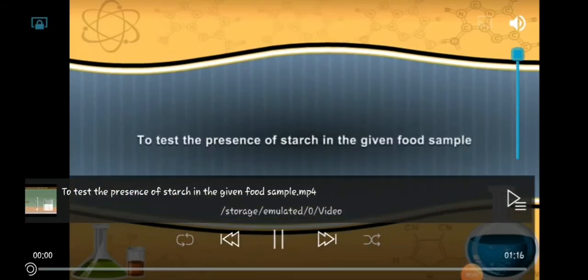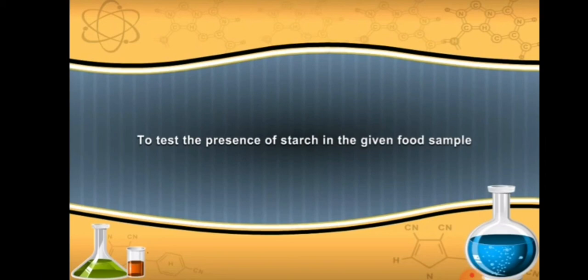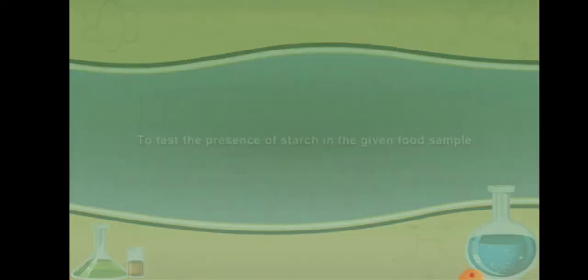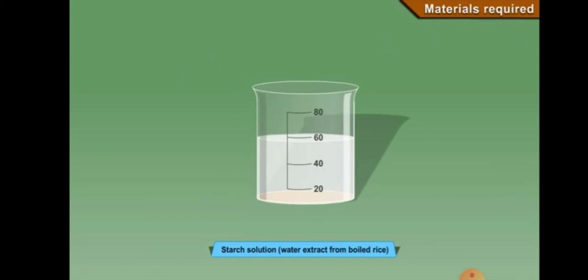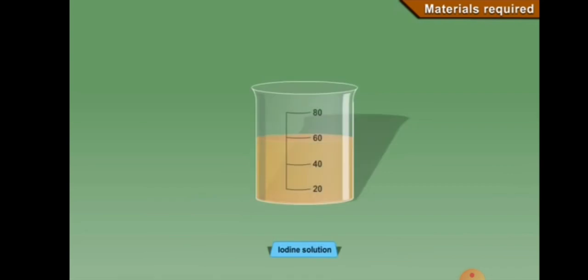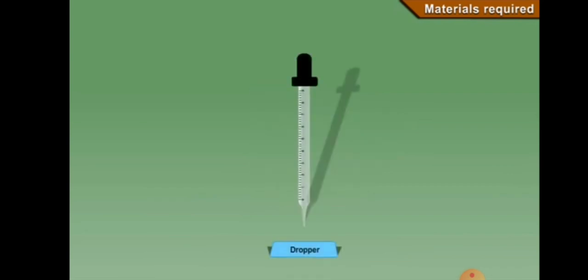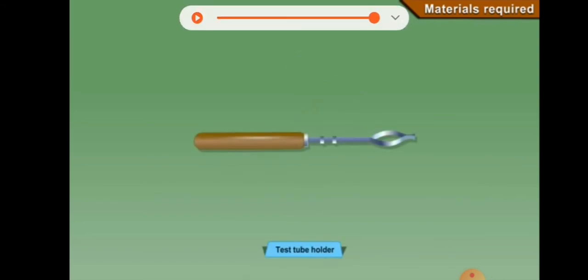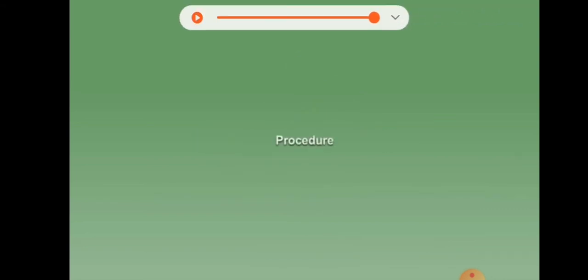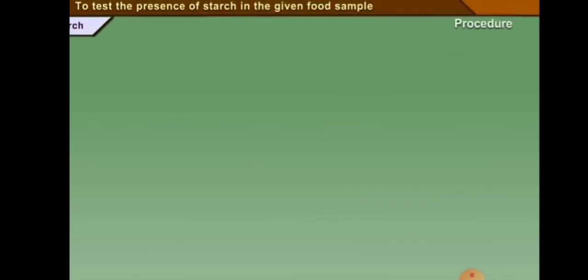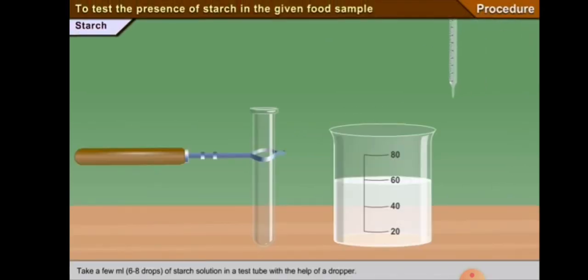To test the presence of starch in the given food sample. Materials required: test tube, starch solution, that is, water extract from boiled rice, iodine solution, dropper, test tube holder. Procedure: take a few milliliter of starch solution in a test tube with the help of a dropper.